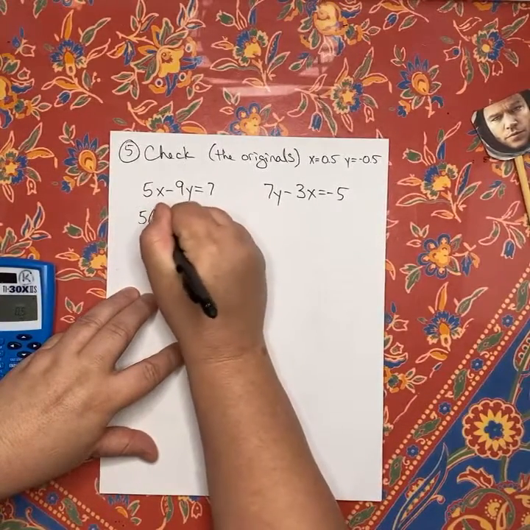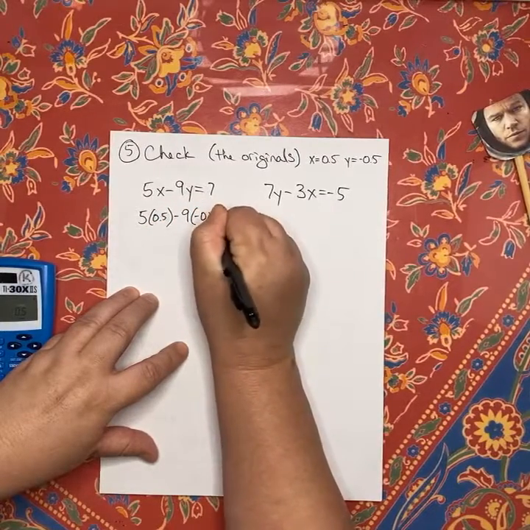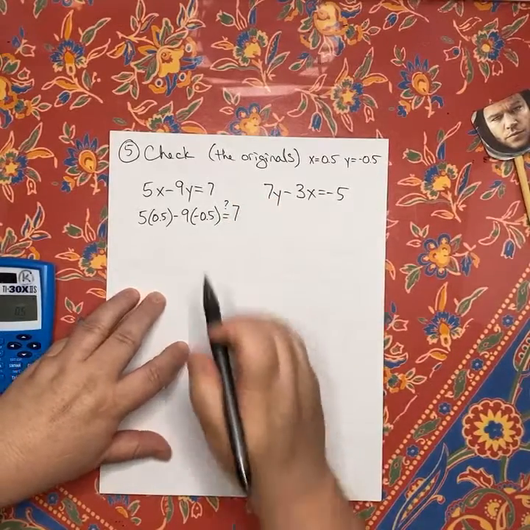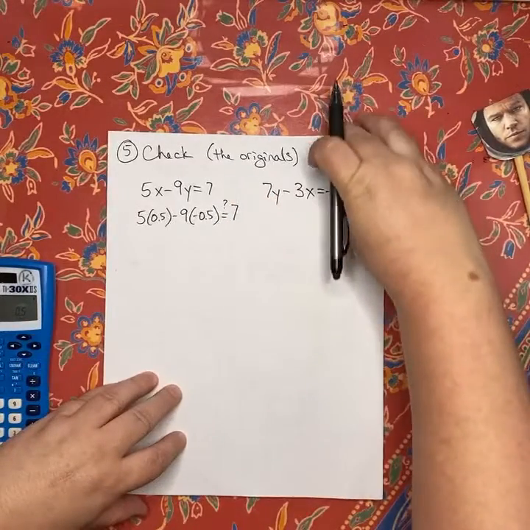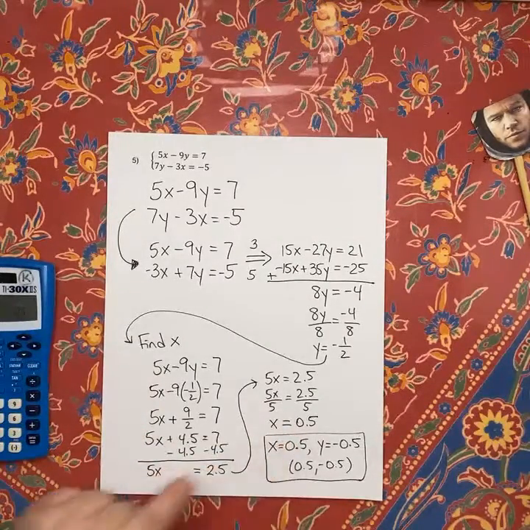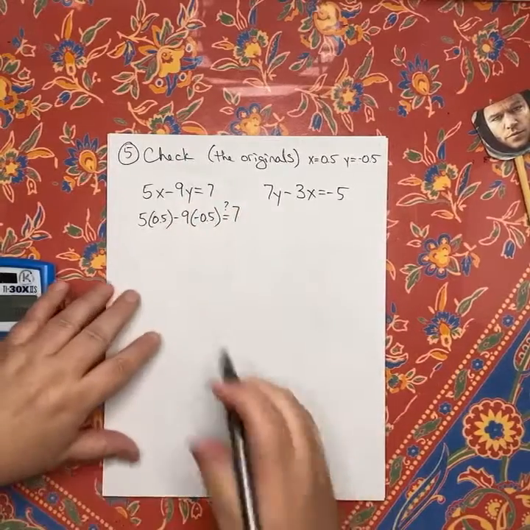Okay, so 5 times 0.5 minus 9 times negative 0.5. Does that equal 7? Now this equation is the one that we used to find x. So technically this check is not necessary.